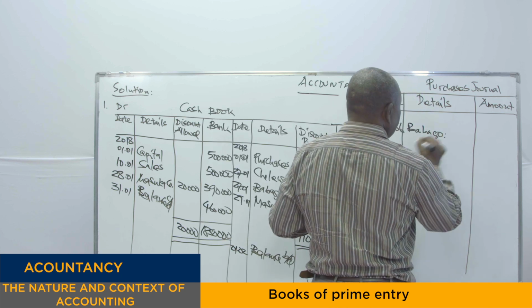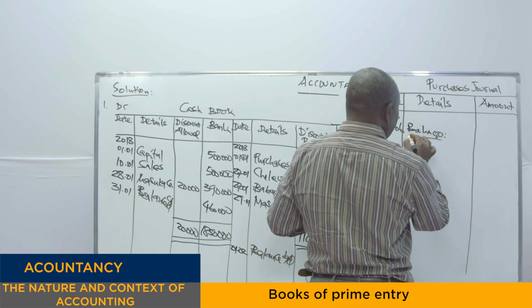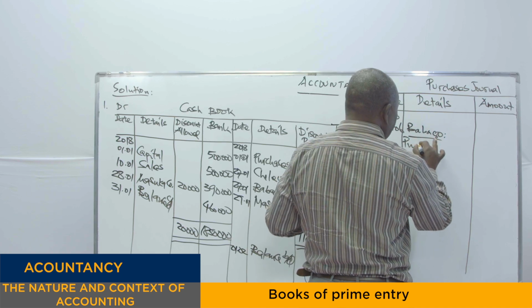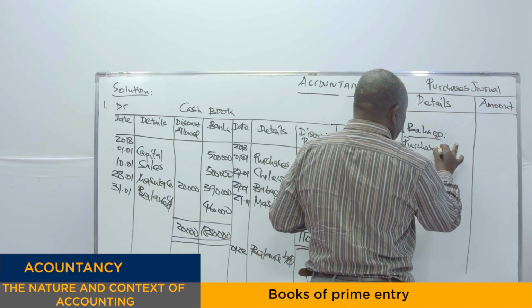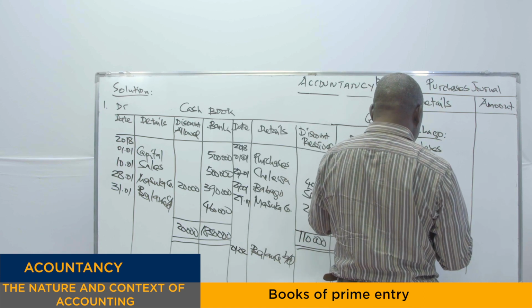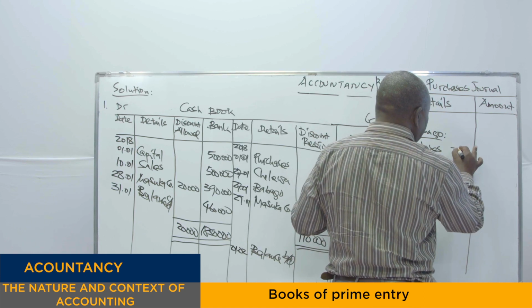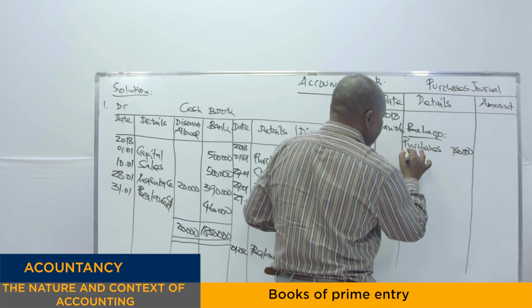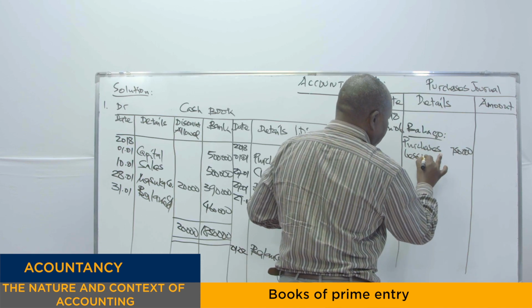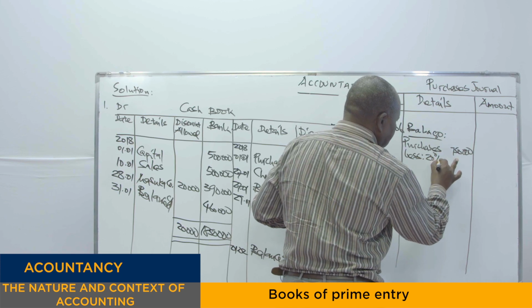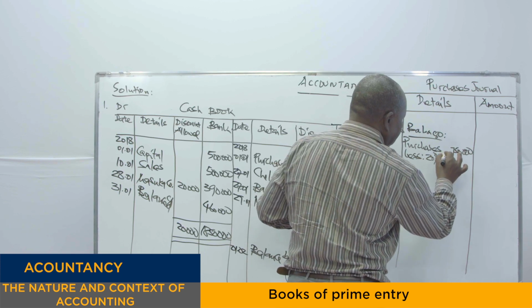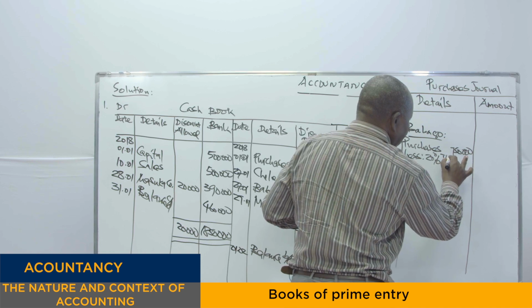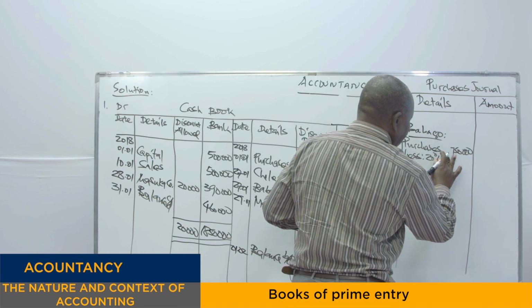Purchases is 750,000 less 20% trade discount.